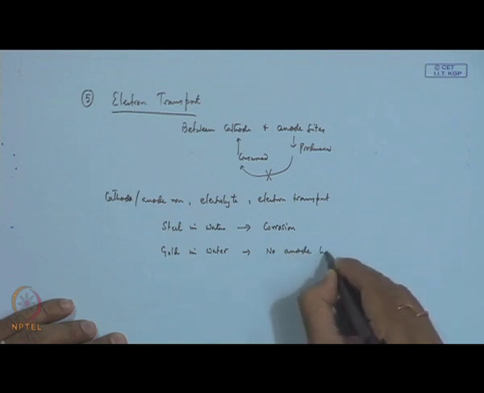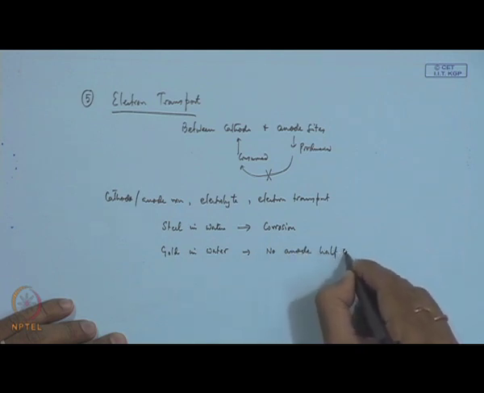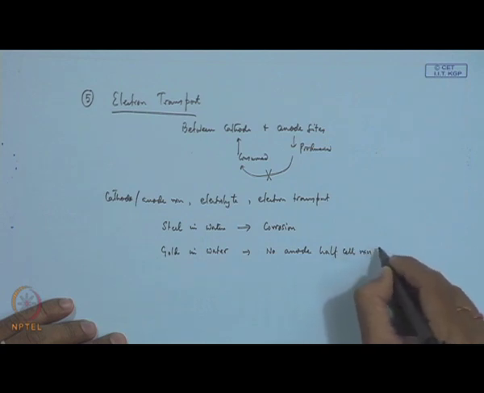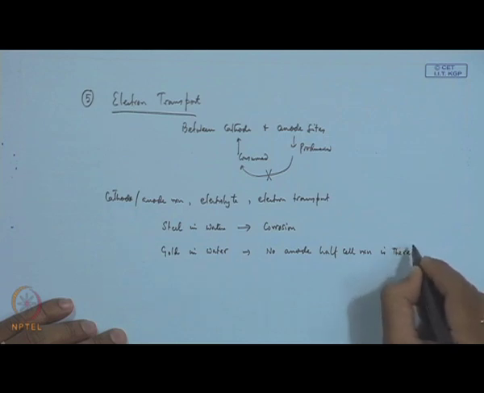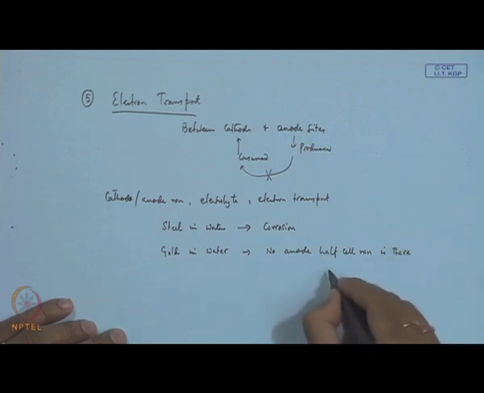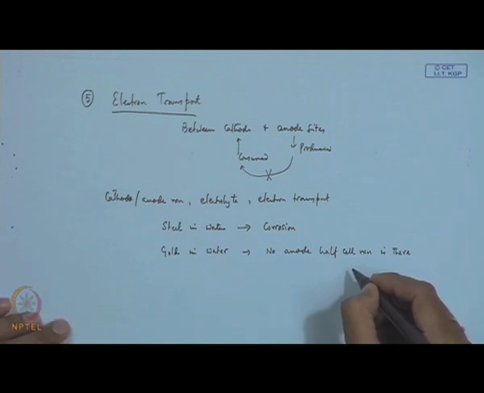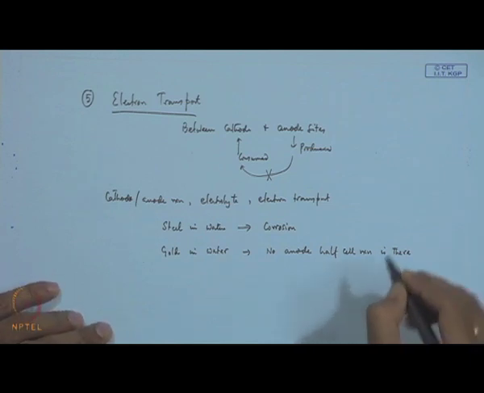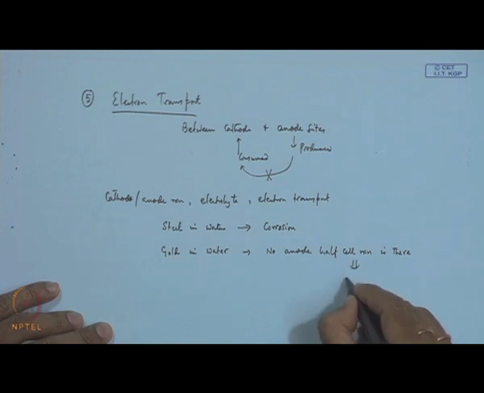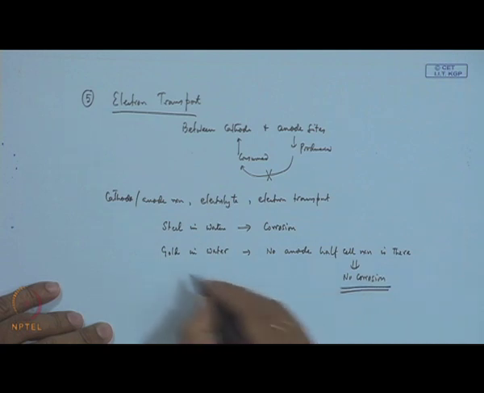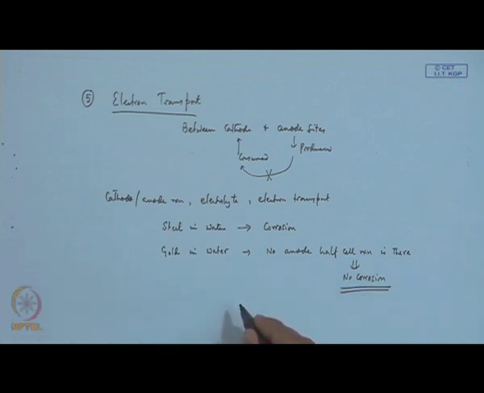Anode half cell reaction means M to M n plus, so there is no corrosion. That is for gold. That is why it is a noble metal.